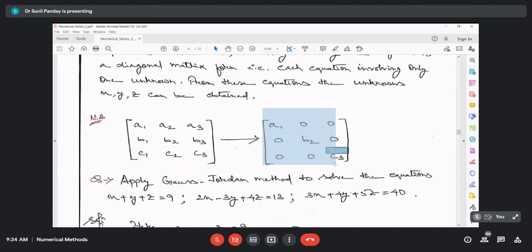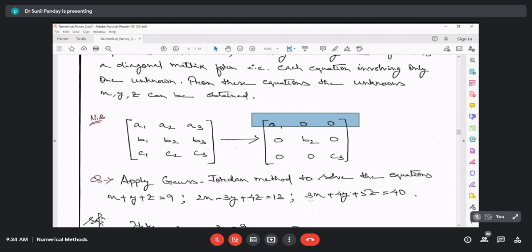So it is finally reduced to an identity matrix. So if the augmented matrix A vertical dot D is transformed into a diagonal form, or its normal form, the identity matrix, then from the augmented matrix we can get the corresponding system of equations, and we get the values of x, y, z.